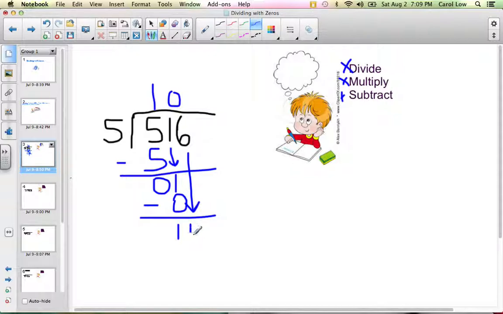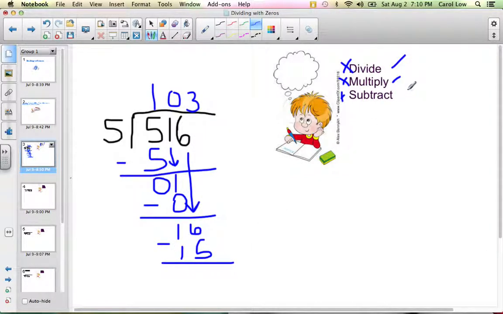and divide again. How many times can 5 go into 16? Well, it can go in there 3 times without going over it. So I write down the 3, then I multiply. 3 times 5 is 15. And then I subtract.